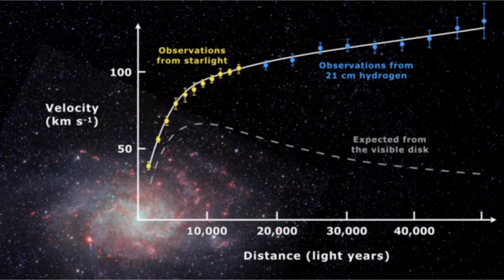So, for a galaxy to be stable, the centrifugal force and the gravitational force should be equal. If the centrifugal force is less, then the galaxy would eventually shrink.